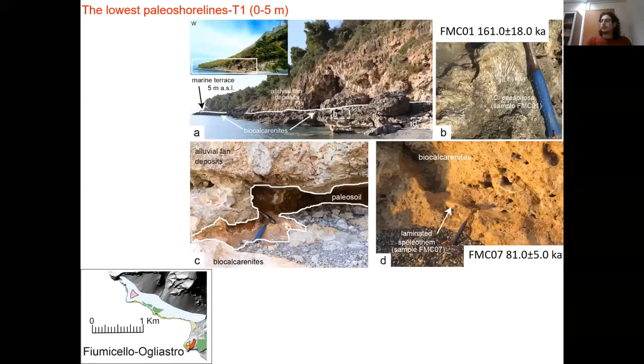This terrace is visible just in the northern part of the study area, and it's formed by biocalcarenites bearing Cladocora caespitosa corals, which have been dated with the U-series method, and evolves to a paleosol and then some hundred meters of alluvial fan deposits.